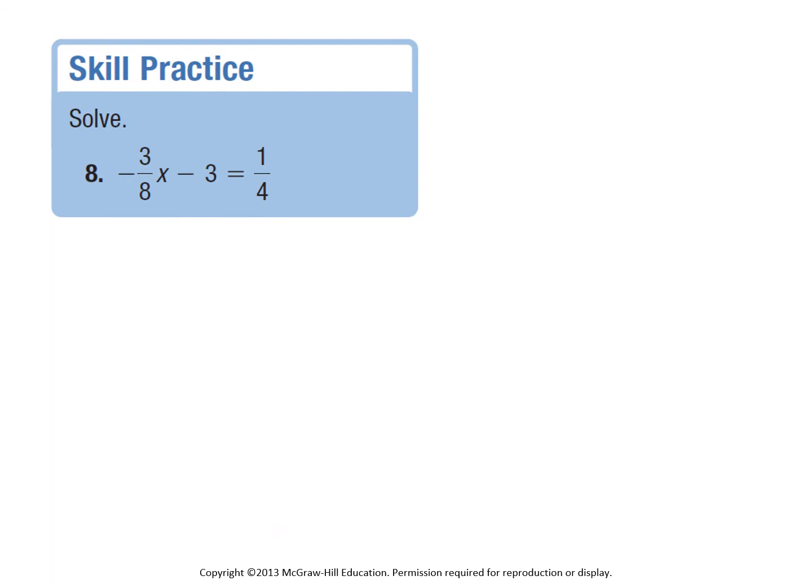Problem number 8, again, it's going to take 2 steps to get the x by itself. First, you add the constant. So I'm going to add 3 to both sides of this equation. So negative 3/8 x is equal to, and then I'm going to have 1/4 plus 3.